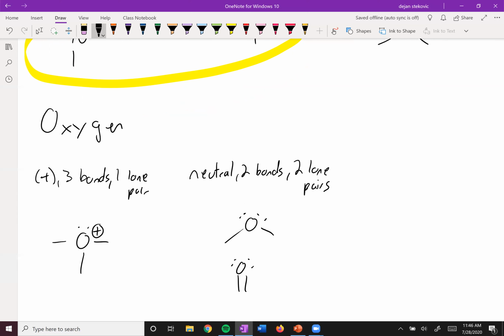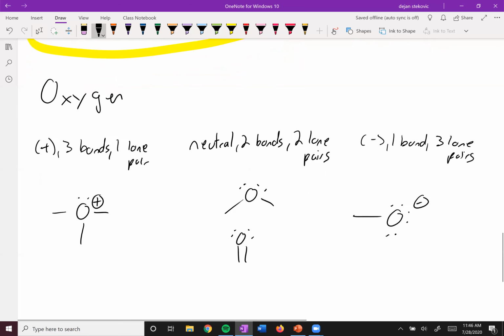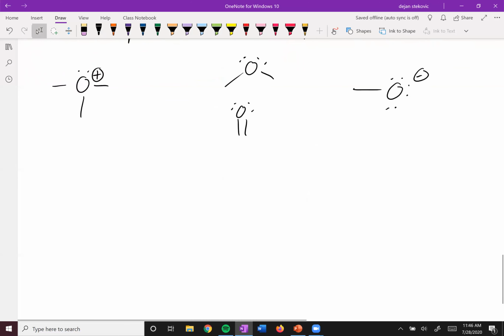Right, if you think about the formal charge there, it's positive. And then it can also be negative, right? Where in this case, it has 1 bond and 3 lone pairs. Right, negative charge. All 3 of these forms of oxygen will be quite common. So oxygen can be neutral, positive, or negative quite easily.